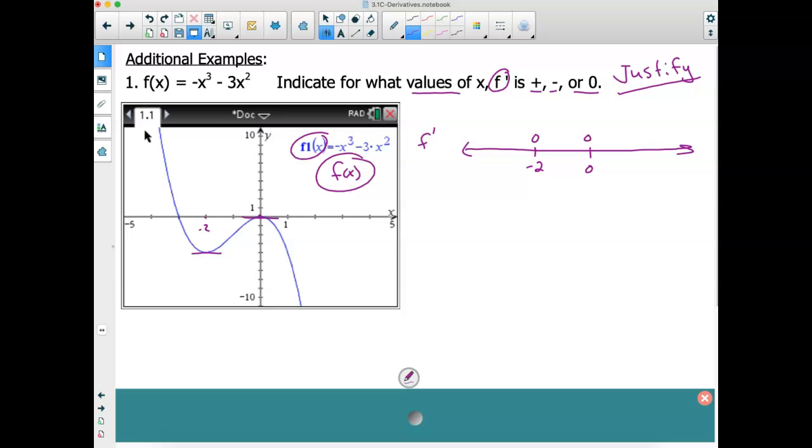I know to the left of -2, my graph is decreasing to -2, therefore I have negative slope values. Between -2 and 0, I'm increasing, meaning I have positive slope values. From 0 to infinity, I'm decreasing again, meaning negative slope values, okay?